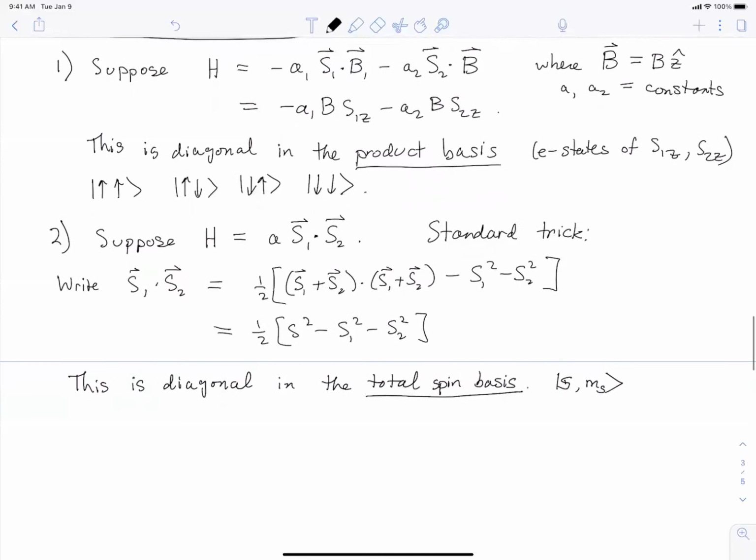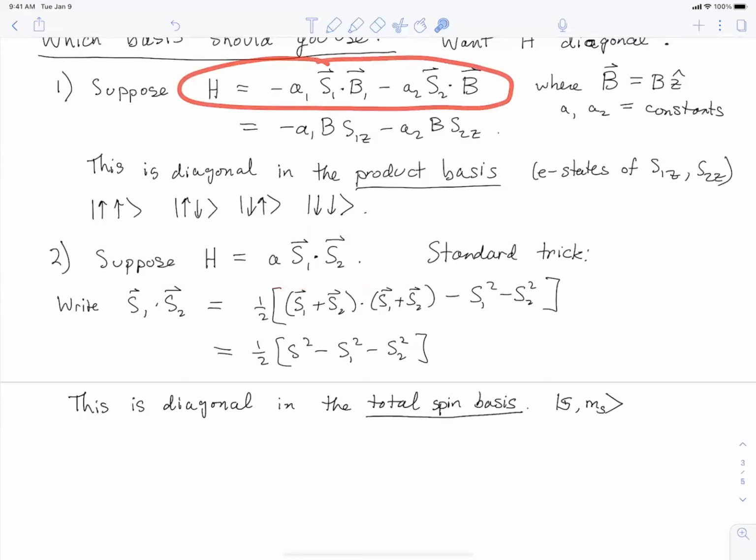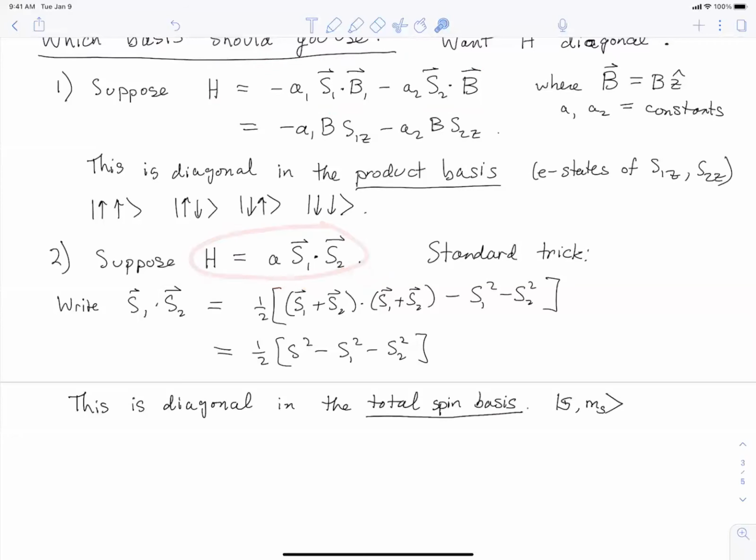Okay, now the tricky part is, what if your Hamiltonian has both types of terms, like that and like this, and then neither basis is going to be perfect. Whichever basis you pick, one of the Hamiltonian parts will be diagonal, maybe that one, and maybe the other one won't be diagonal if you chose the total angular momentum basis.